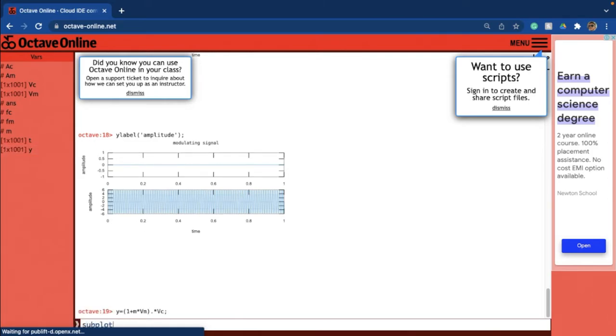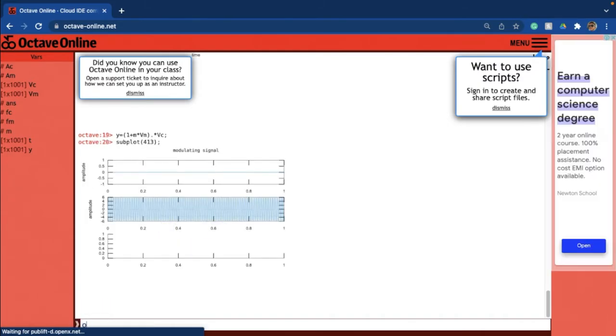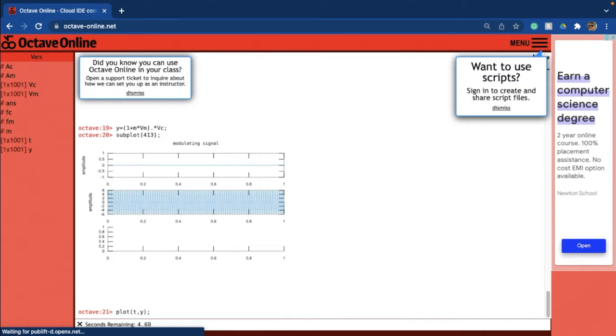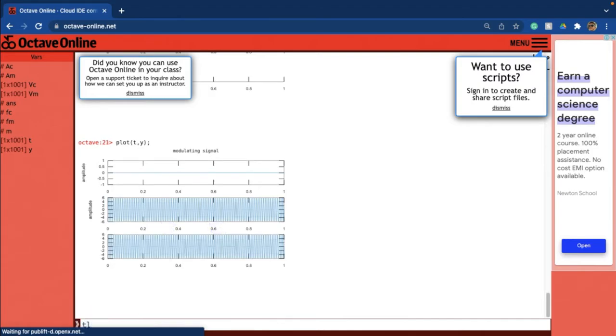Subplot 413, fourth row, 4 rows, 1 column and third graph. Subplot, plot. Title: modulated signal.